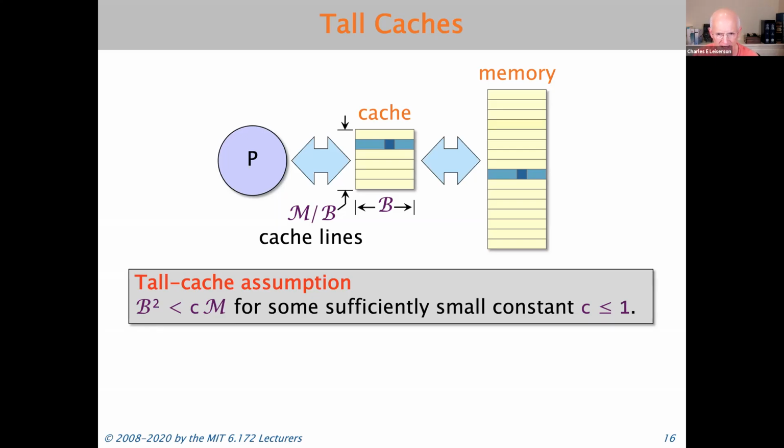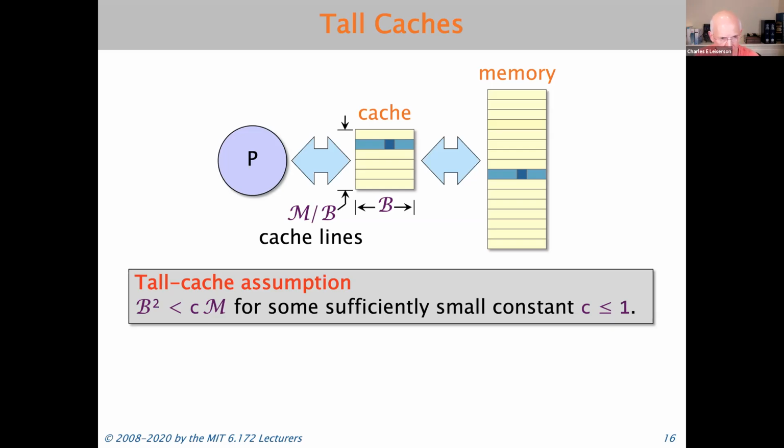What is a tall cache? The idea is that if you draw the cache as I've been doing, stacking the cache lines one on top of each other, where each byte is a unit square, then the height of the cache would exceed its width. That's because there's M over B cache lines, and that is therefore bigger than B, because M over B is the height and B is the width.